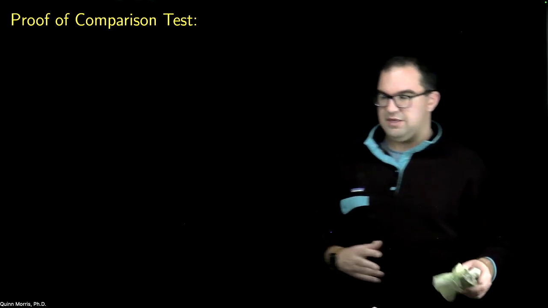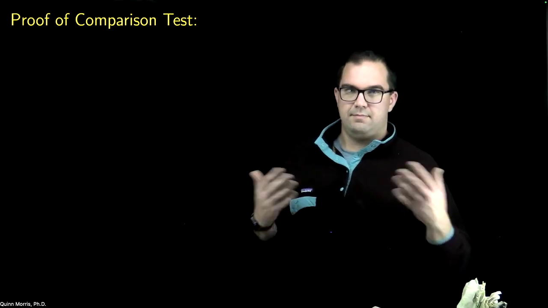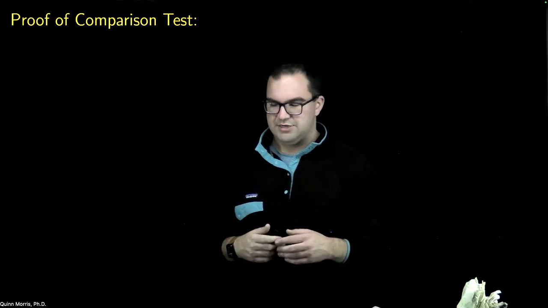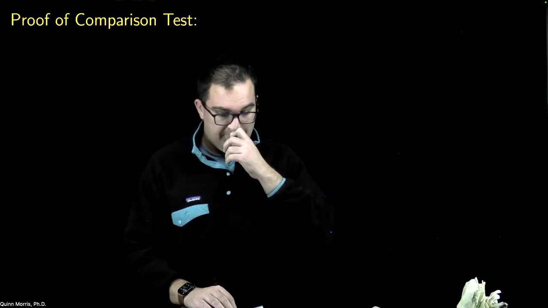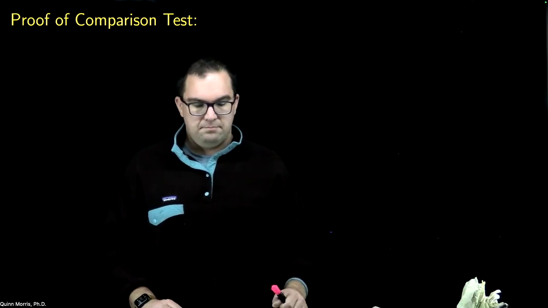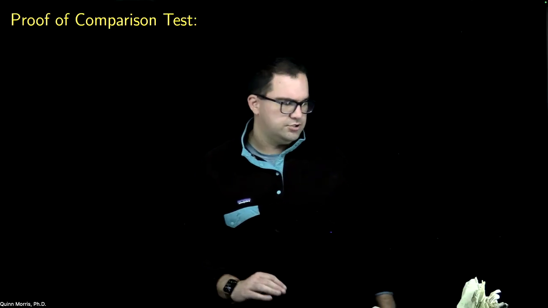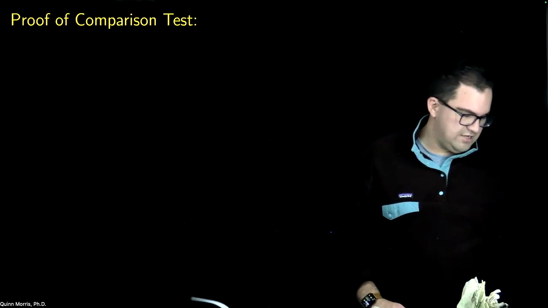And of course, there are things that the limit comparison test does a little bit better otherwise than the comparison test. But it's really just a generalization. The book does have a proof of the limit comparison test if you'd like to take a look at that. But I now want to switch over to the ratio test.